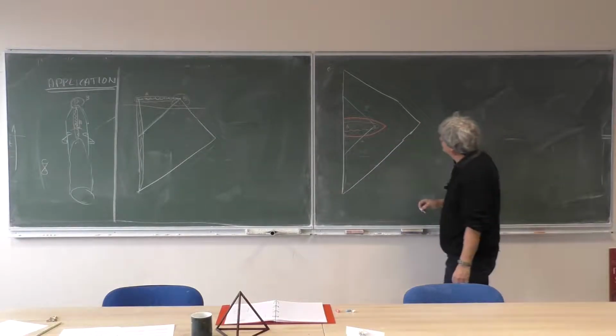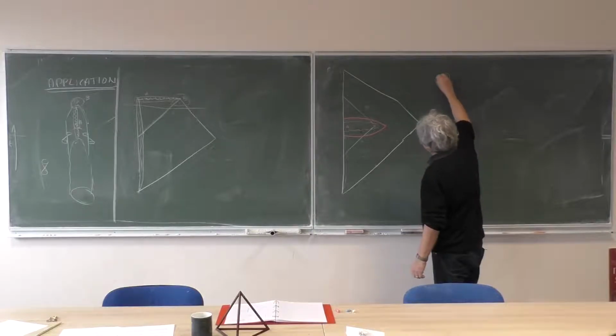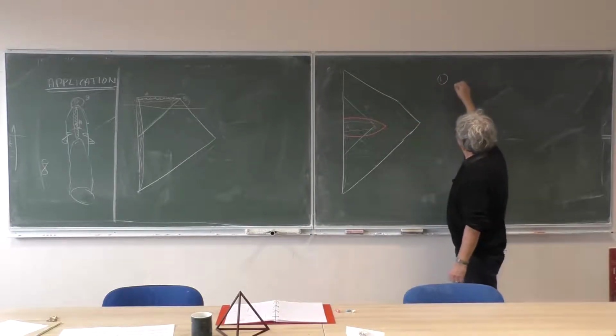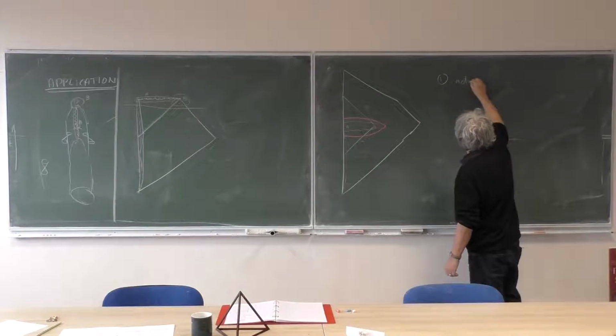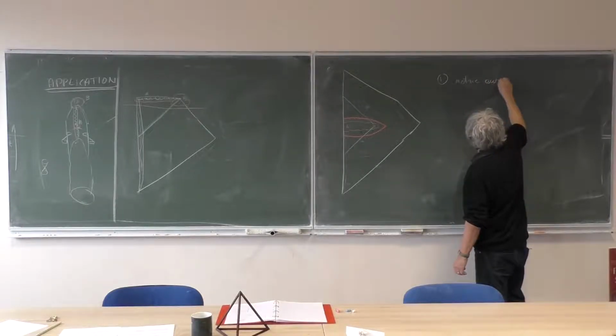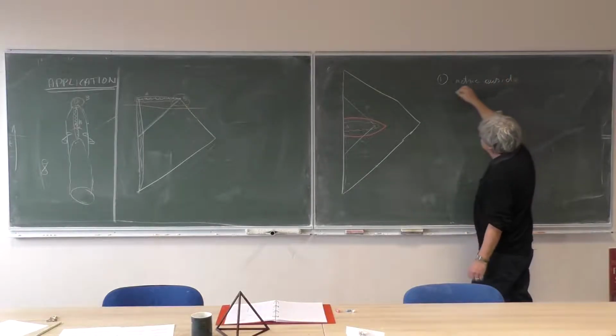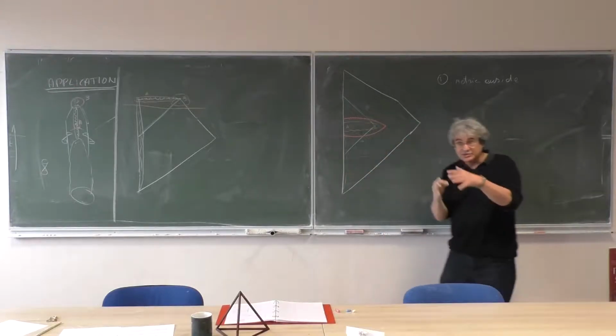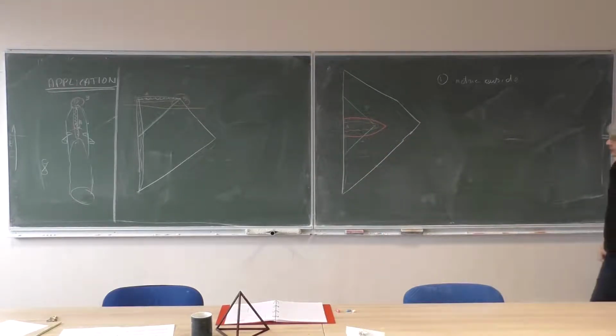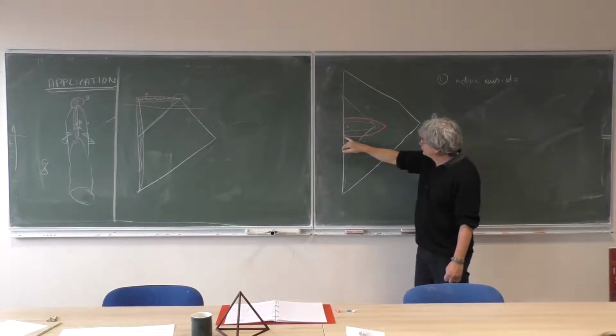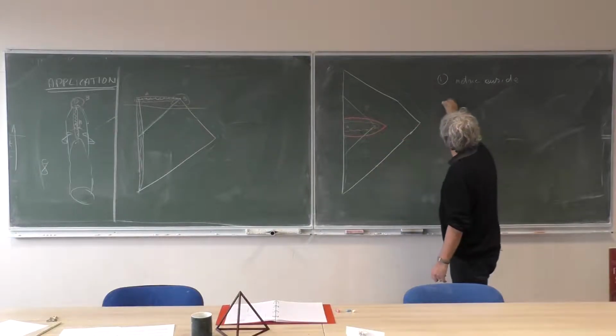Okay? So to study this phenomenon, the project is first to study the outside metric, so everything outside this red three-dimensional surface. And then from that, compute the metric of the three-dimensional surface.